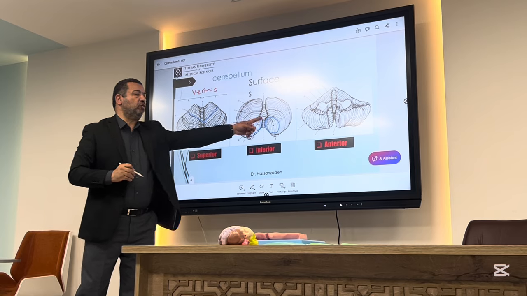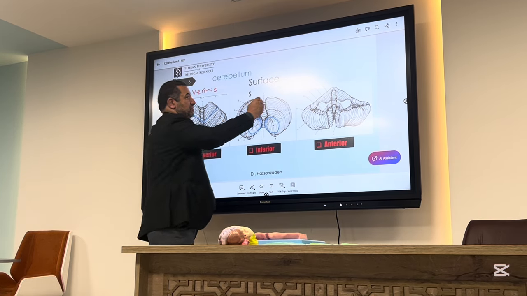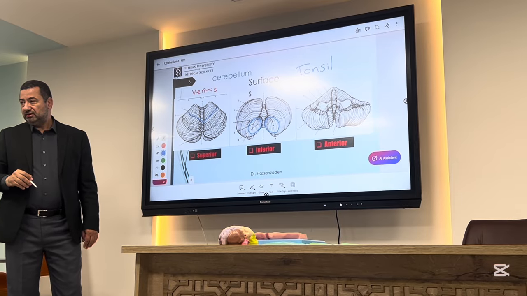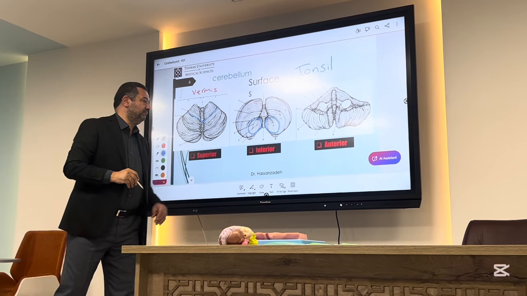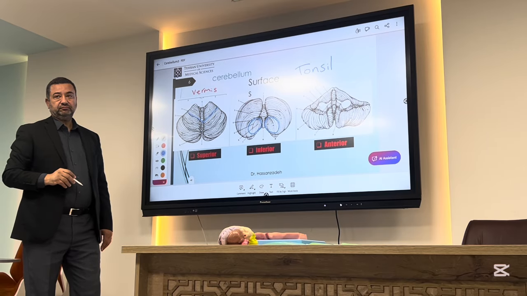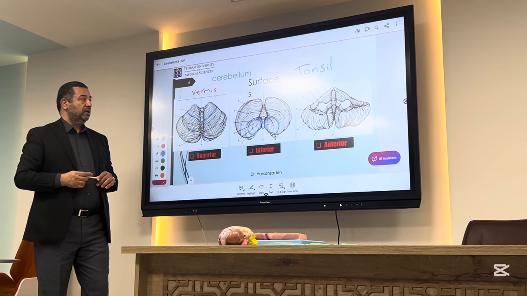This oval structure is called cerebellar tonsil. Okay? These are cerebellar tonsils, in the inferior surface of the cerebellar hemisphere, near to the anterior part.